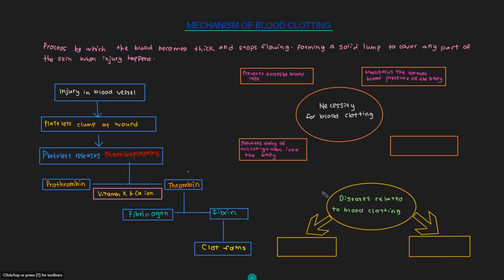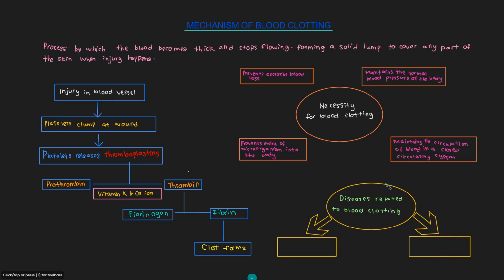Last but not least, we need blood clotting to maintain the circulation of blood in a closed circulatory system. Having a damaged vessel can disturb the circulatory system of the blood. Therefore, it needs to be covered quickly so that the pressure and the circulation of blood inside our closed circulatory system is not disturbed.